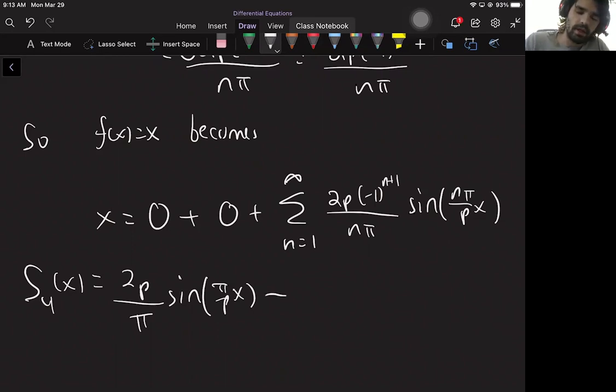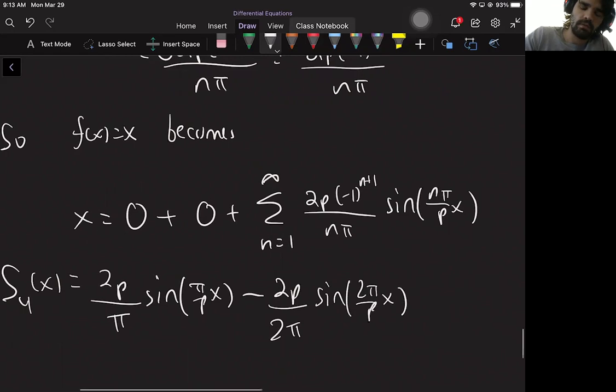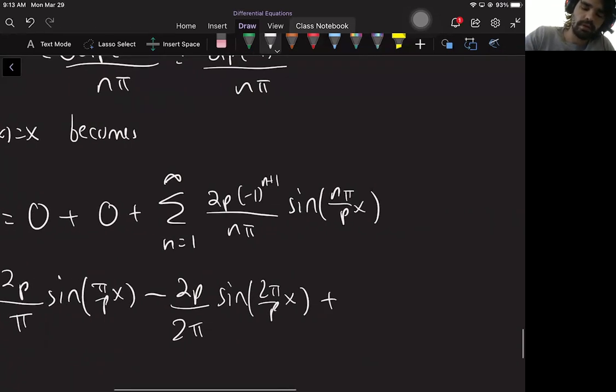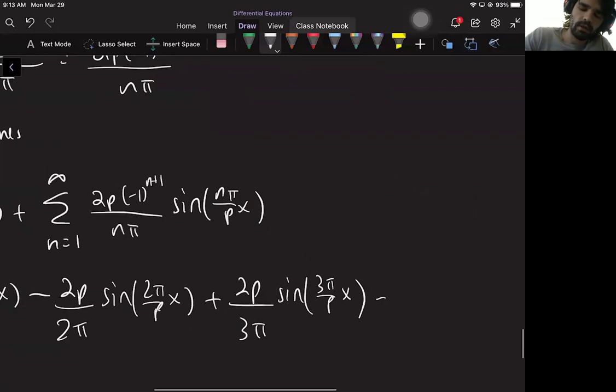And then now it'll be a negative 1 when you plug in 2, 2 pi over p x. And then when you plug in 3, it'll go back to positive. And then when you plug in 4, it'll go back to negative.